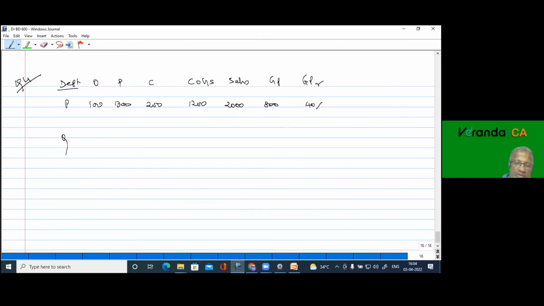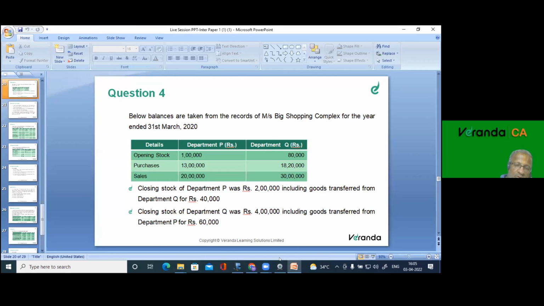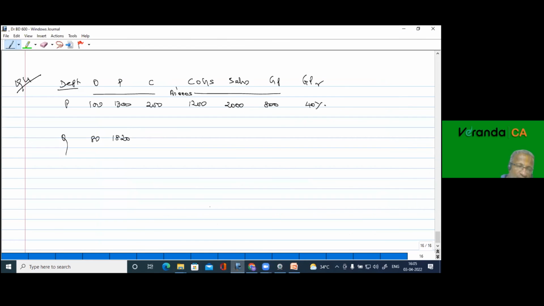Rate of gross profit 40%. These are all rupees in thousands. Here it is 80, 1,820. Closing stock 400, 3,000, sorry, 1,500, 3,000, 1,400, and 40%. Correct. So this is working out number 1.